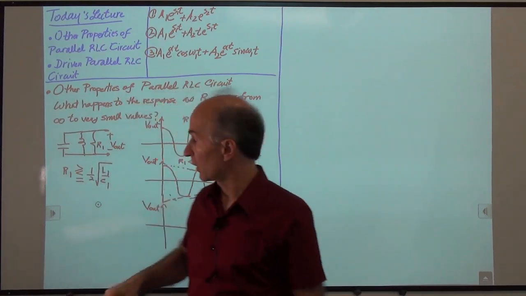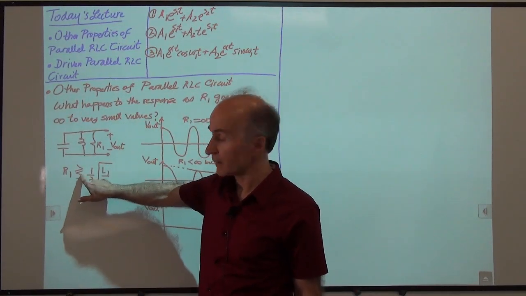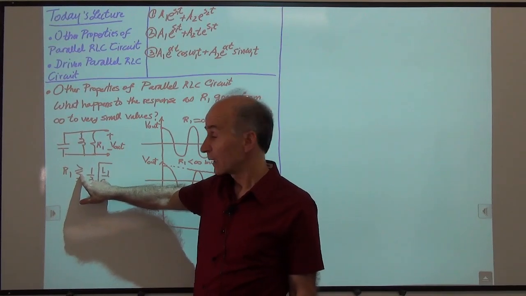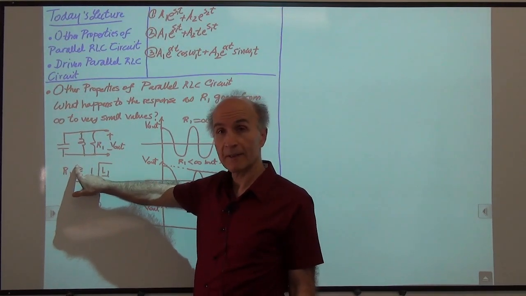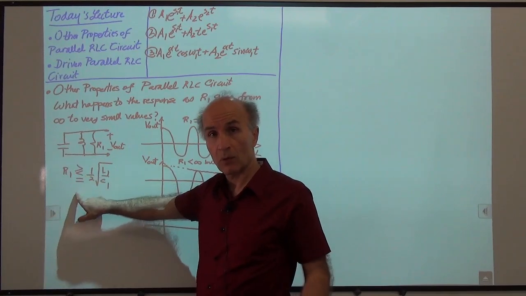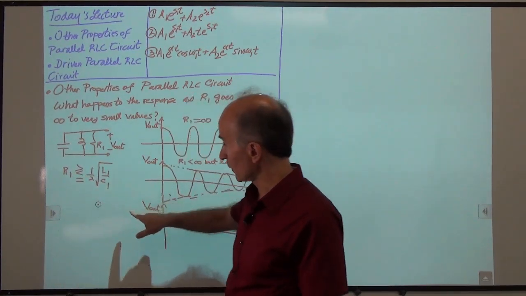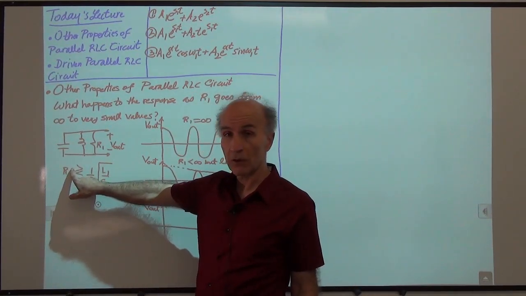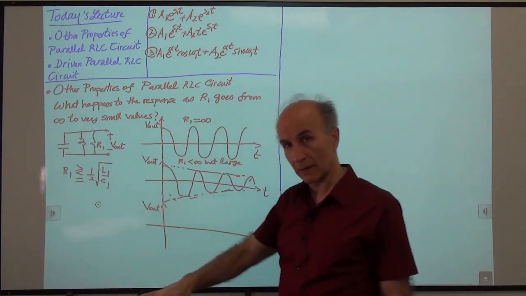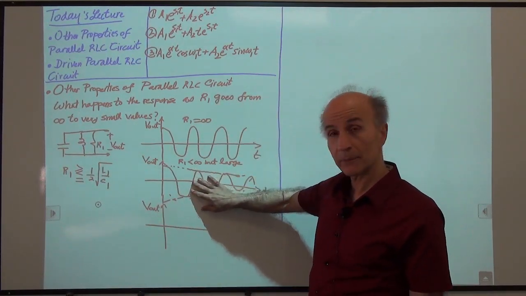If R1 is small enough, meaning this, we have overdamped. If R1 is large enough, like this, we have underdamped, and if it's equal, it's critically damped. So we started from a large R1, and we keep decreasing it. So this is underdamped, right?